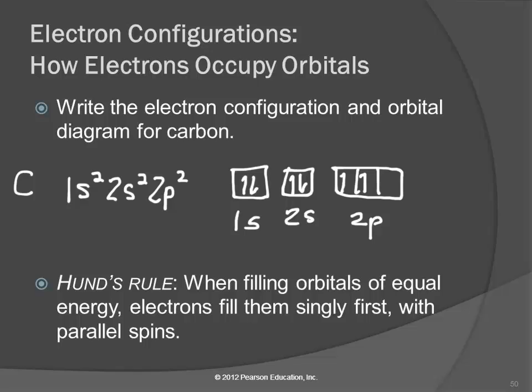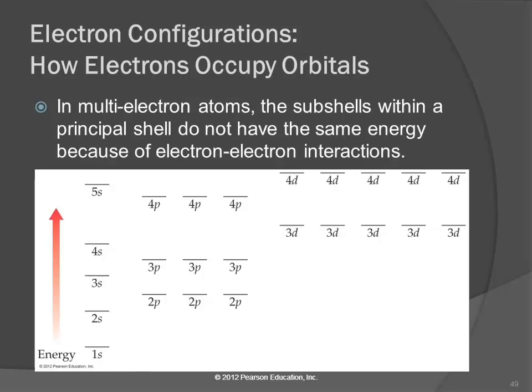Well, let's go back to this picture. The first principal shell only has 1 subshell. It only has S. There is no 1p. So we can't do 1p.